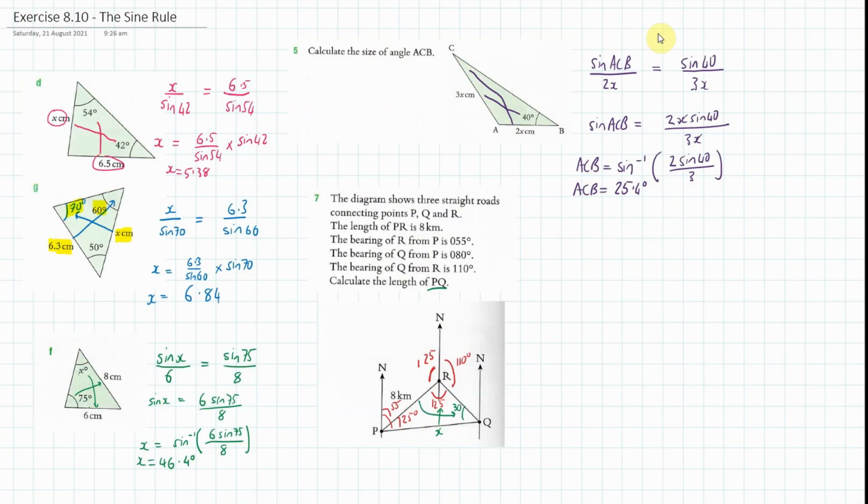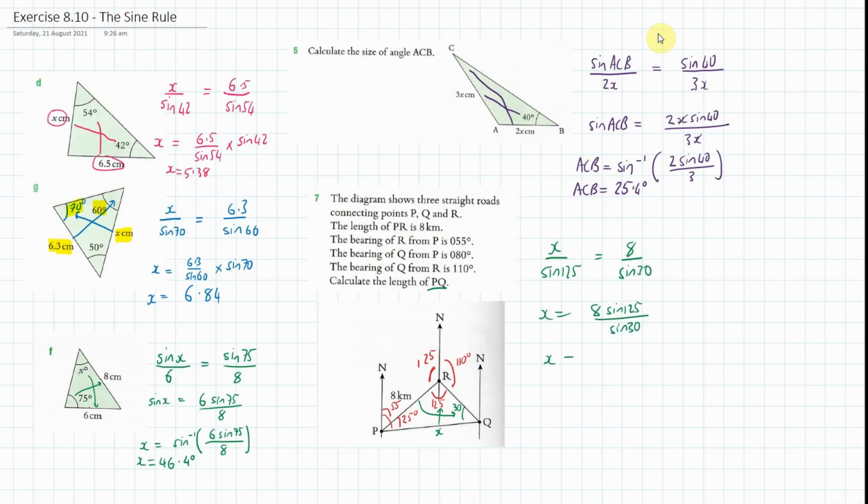Okay, so let's do this. So unknown, x, over our sine 125 should be equal to our known 8 over its paired sine angle, sine 30. And so therefore x is equal to 8 sine 125 divided by sine 30.